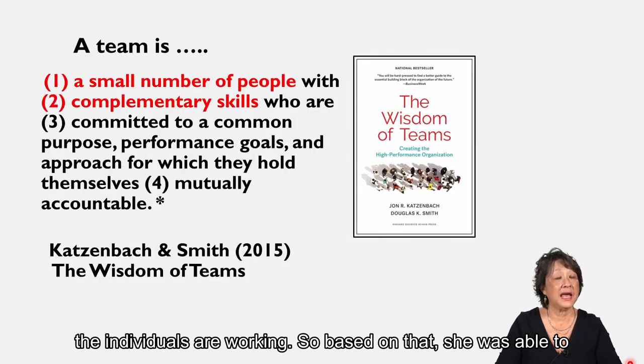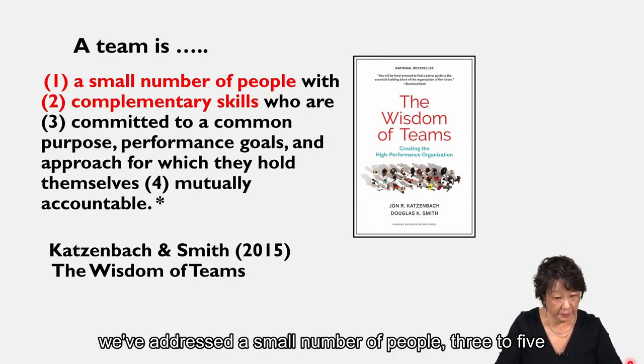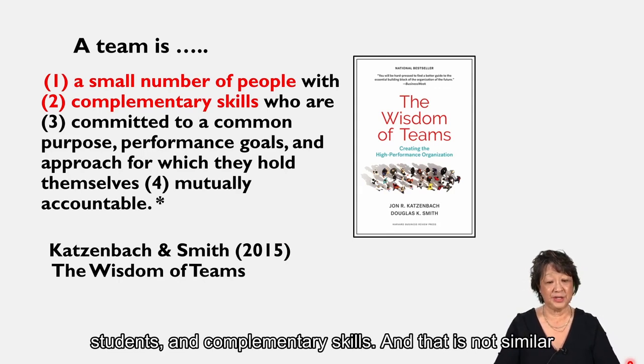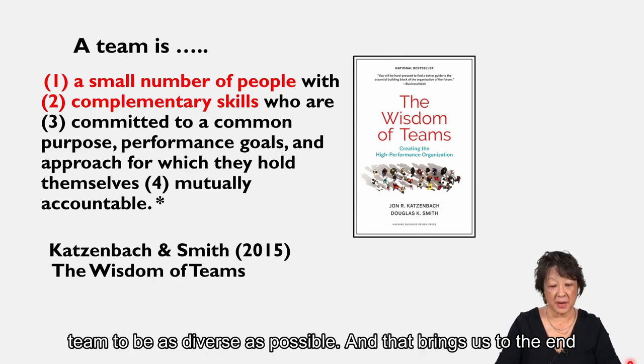So based on that, she was able to put a team together. So now we can see that we've addressed a small number of people, 3 to 5 students, and complementary skills. And that's not similar skills, because what we mean is that we like to have each team be as diverse as possible.